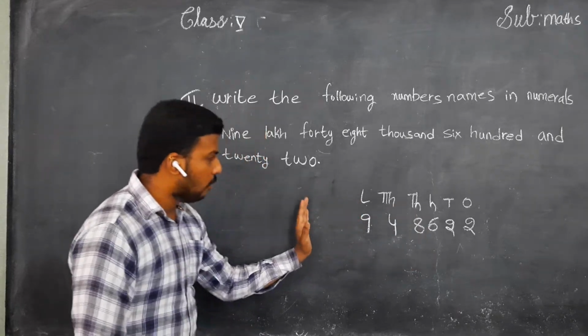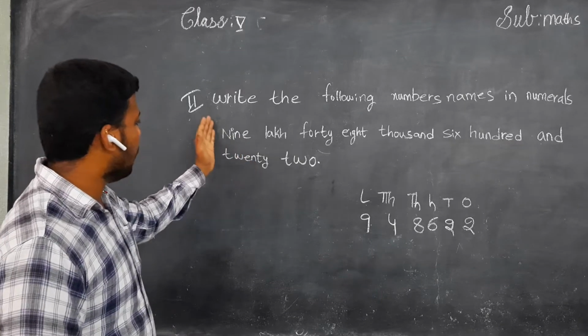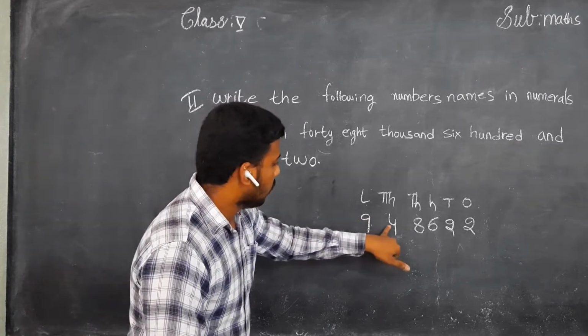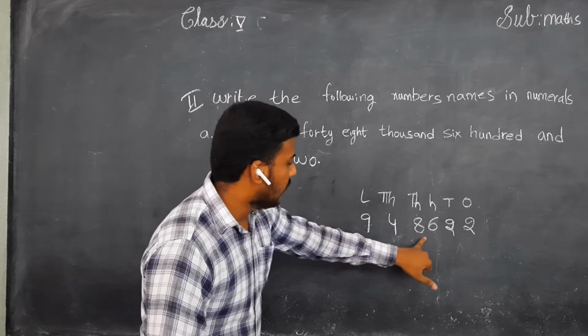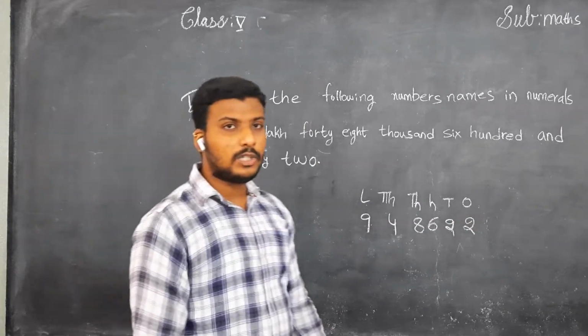If we had another value, then we would get 10 lakhs, but here there is no 10 lakhs. So we have to go up to lakhs. 9 lakh 48,622, we got. Next one we'll see, next Roman.